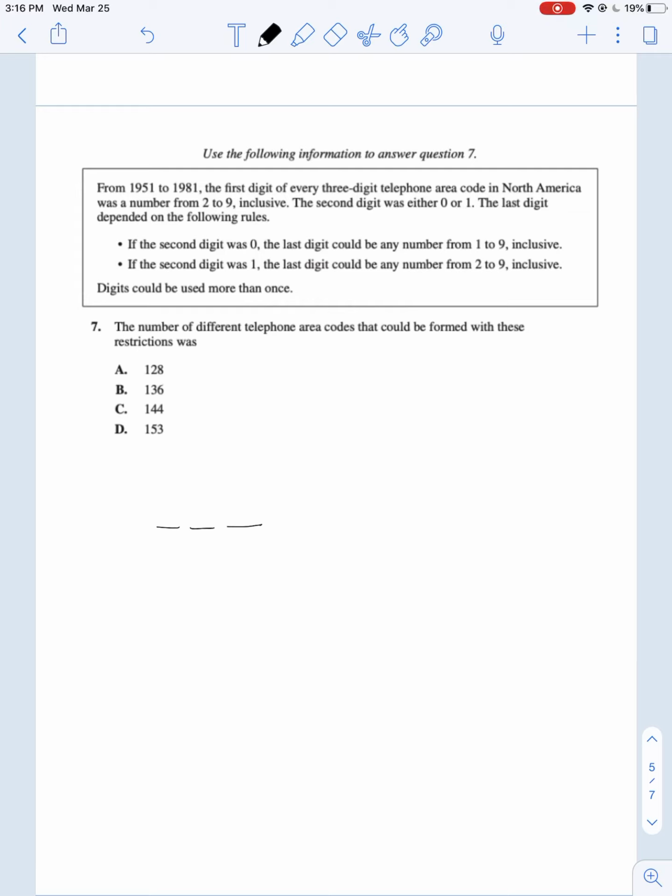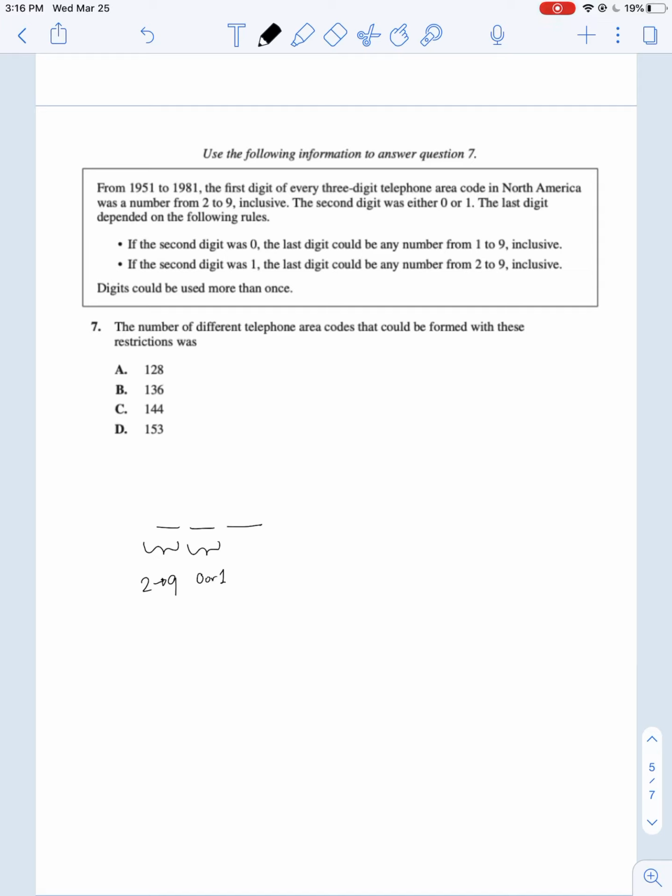We're talking about the first digit of every 3-digit area code being 2 to 9 inclusive. So I'm just writing these rules down. The second digit had to be either 0 or 1. And the last digit depended on the following rules.